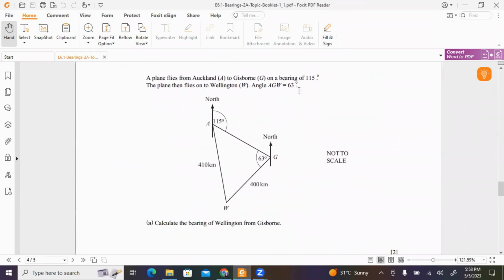Question 3 says, a plane flies from Auckland to Gisborne on a bearing of 115 degrees. The plane then flies on to Wellington. Angle AGW equals 63. We have to calculate the bearing of Wellington from Gisborne.